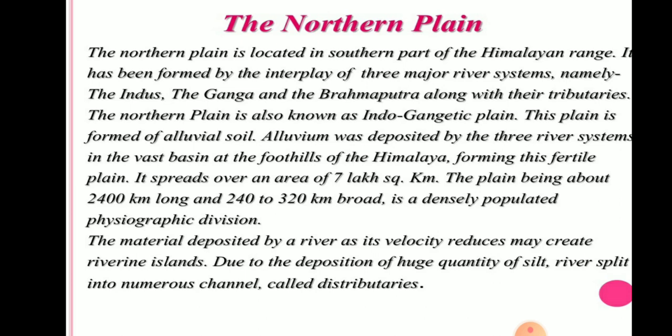In the river channel itself, because of the deposition of sediments in the river valley itself, a small landform is developed, and that's what we call a riverine island. And due to the deposition of huge quantity of silt that blocks the flow of water, the river channel is divided into numerous channels, and that is what we know as distributaries.